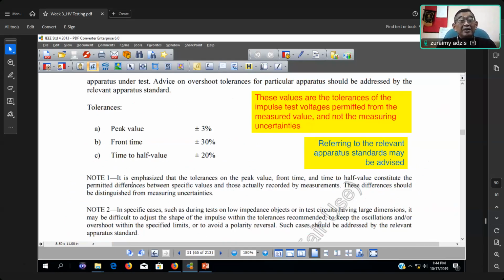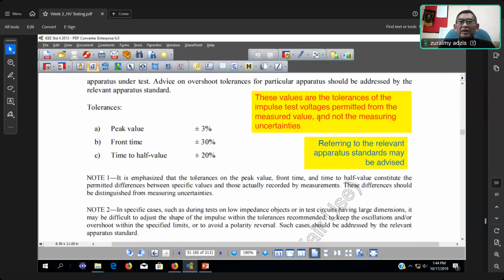Further, those requirements in terms of timing and peak voltage: peak value, front time, time to half. So V peak, T_f, T rise, T_f, T fall. Those values have tolerances of 3%, 30%, 20%. This is for the source. Remember, this is not for the voltage for the unit under test. This is the requirement for the source.